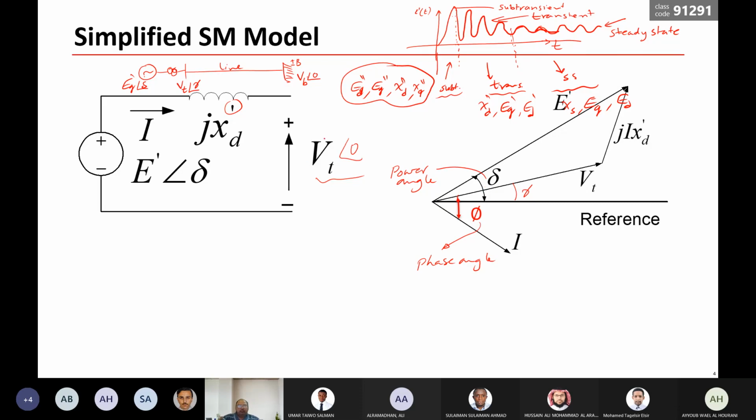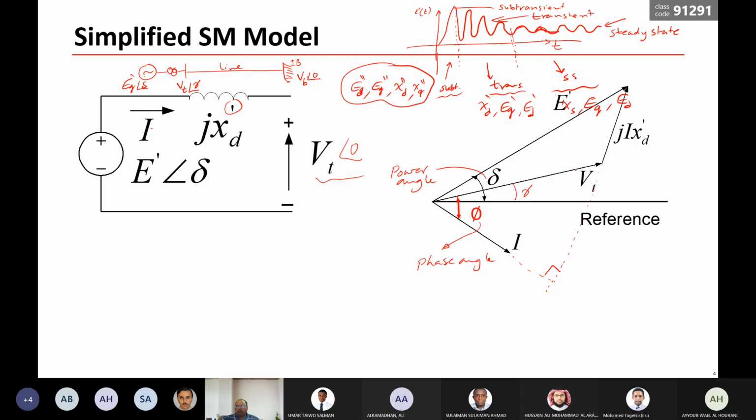If you add to VT the voltage drop over this reactance, you get E prime. The voltage drop is I times JXD, and in this case it will be perpendicular to the current, so this is 90 degrees.